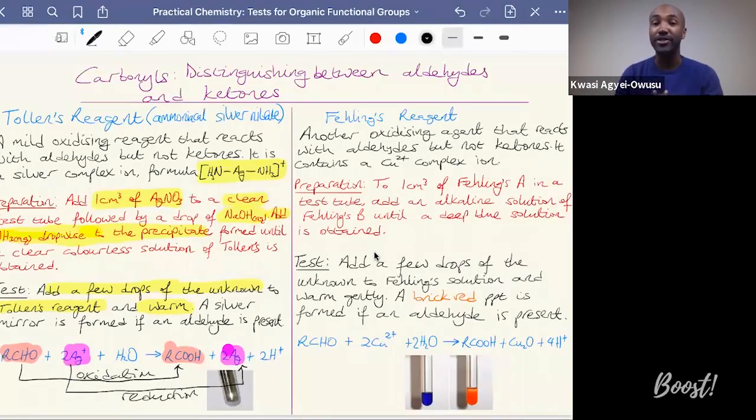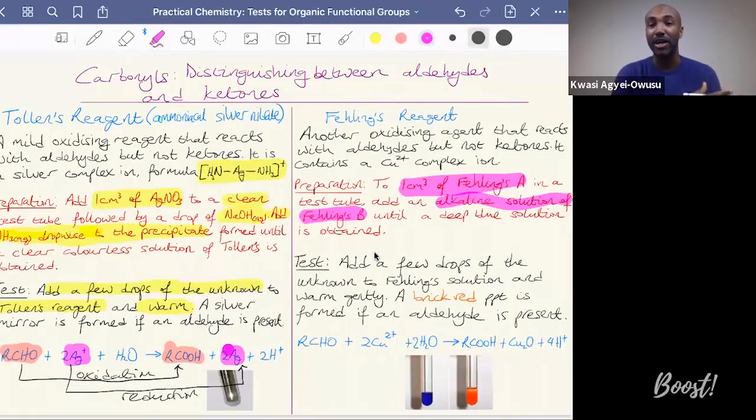To make your Fehling's reagent, you need to start with hexaaqua copper 2+, so copper sulfate solution to use simpler terms. And so we've got 1 centimeter cubed of Fehling's A, which is essentially copper sulfate solution, and to that you're going to add an alkaline solution of Fehling's B. Fehling's B contains your tartaric acid dissolved in an alkaline solution, so sodium hydroxide solution could be an example.